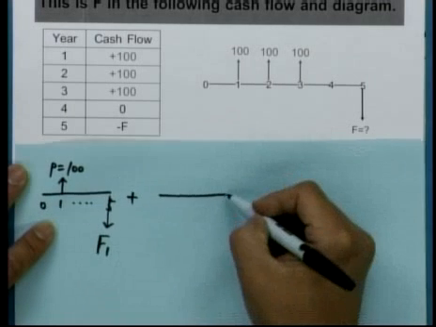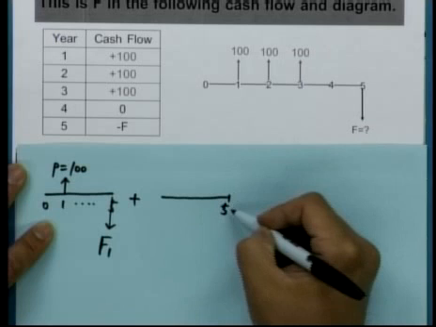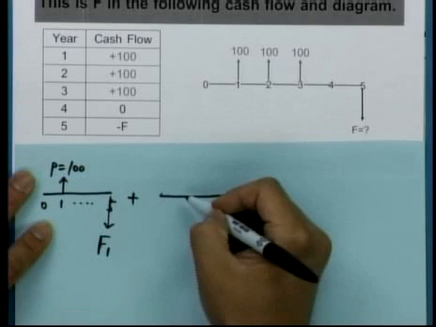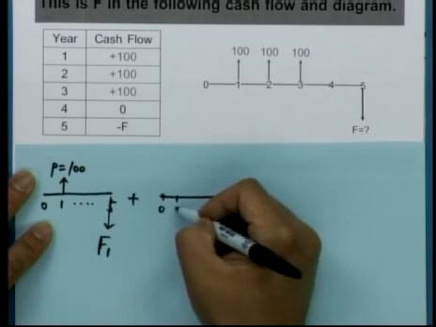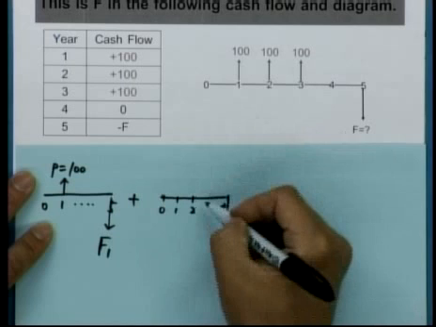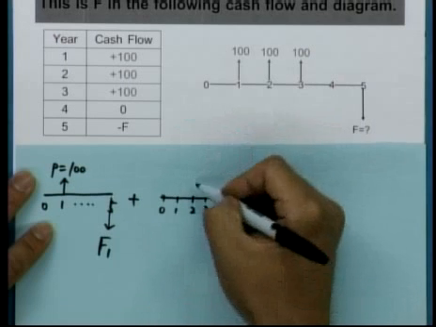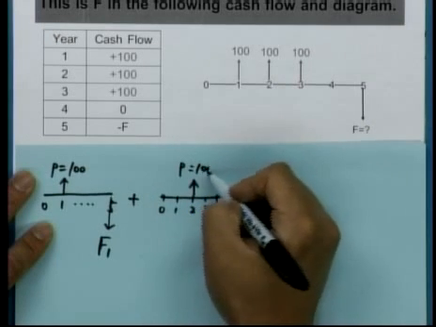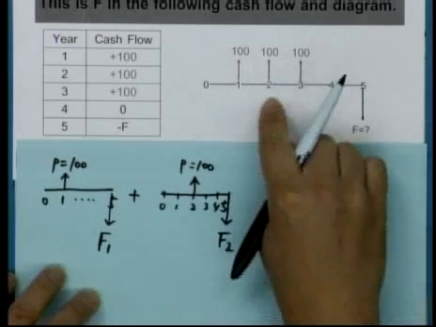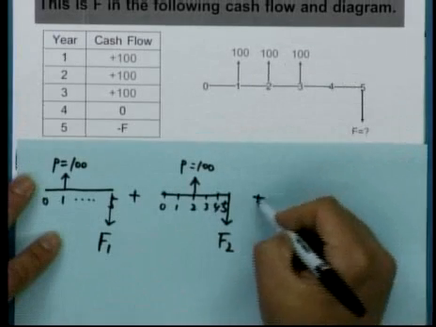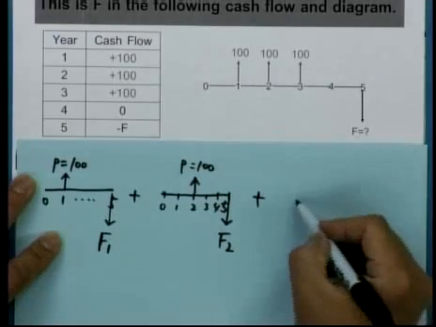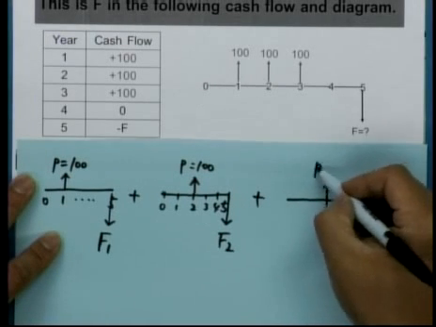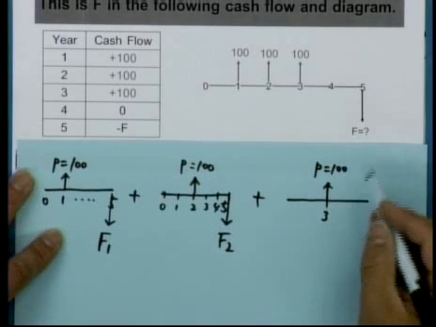next future sum of money at the end of period 5 is F2, and 0, 1, 2, 3, 4. At the end of year 2, we have another P, 100, right, which is from here. And next cash flow diagram is at the end of year 3, we have P equals 100.